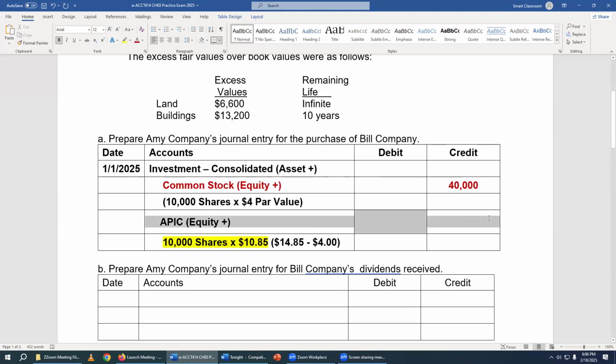Okay, so this would be, well, 108,500. And that would be the investment, those two together. All right, so this is our investment.